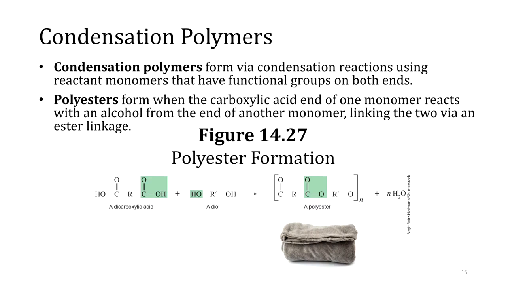That dicarboxylic acid then has another carboxylic acid functionality to react with the diol. This can continue onward, and we can make long chains, just like we looked at long chains for polyethylene, which is an addition polymer. This is a condensation reaction, and we can form a polyester from this.